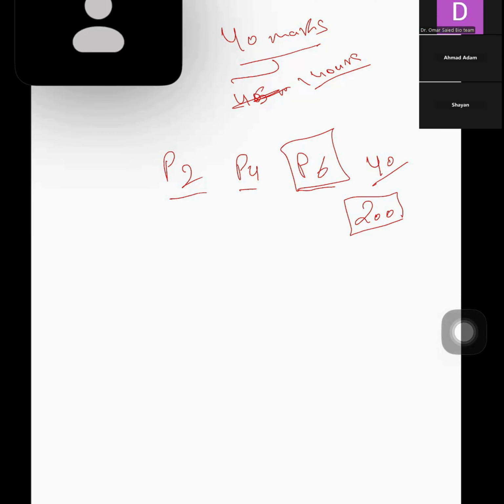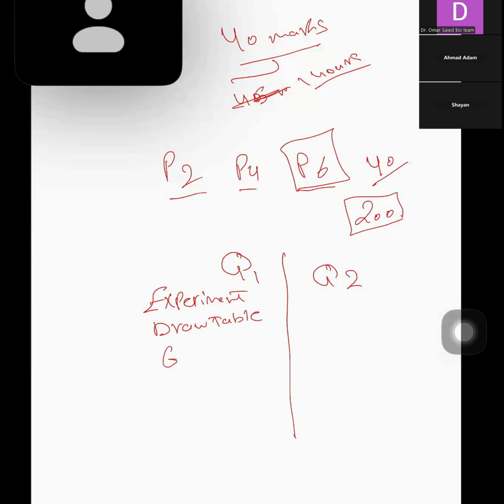Mainly paper 6 comes in two questions, question 1 and question 2. Mainly question 1 comes as experiment, drawing table, graph analysis. These are the main questions that come in question 1.